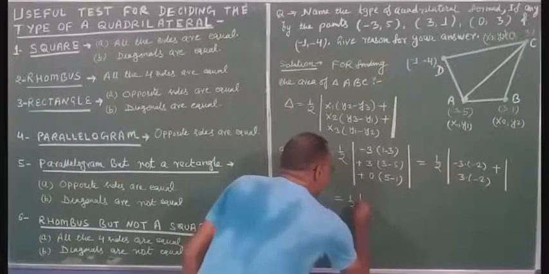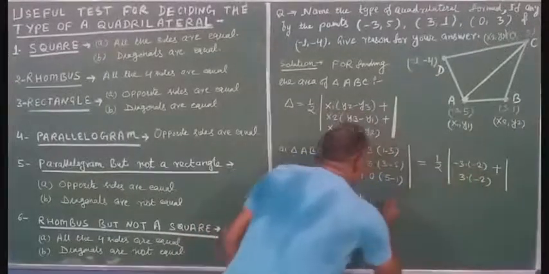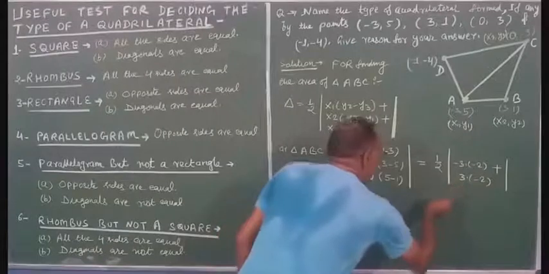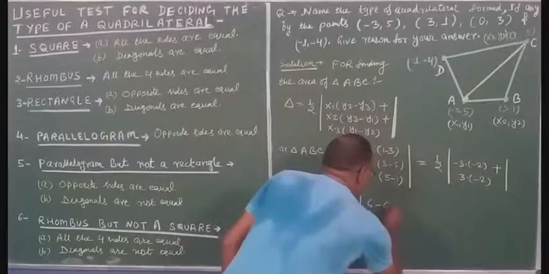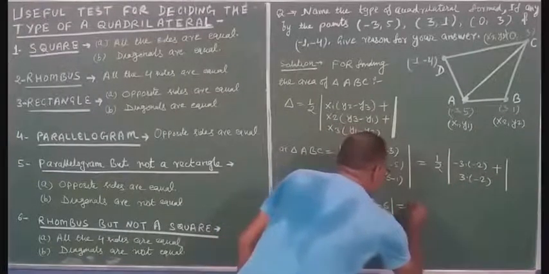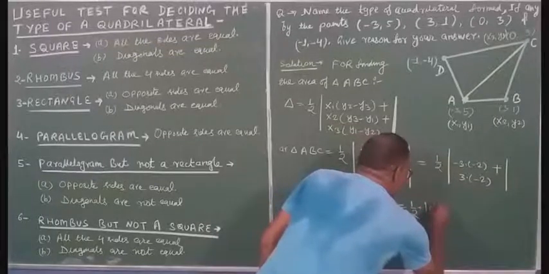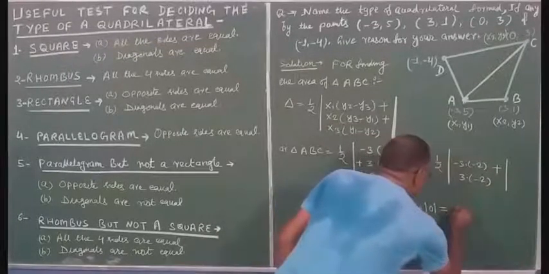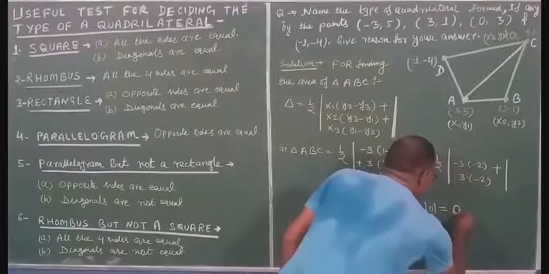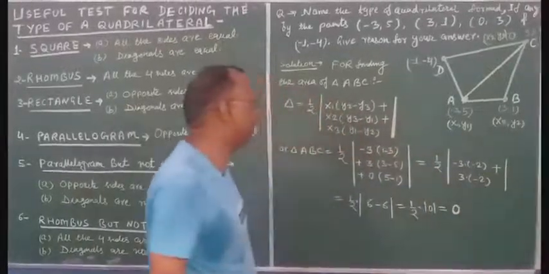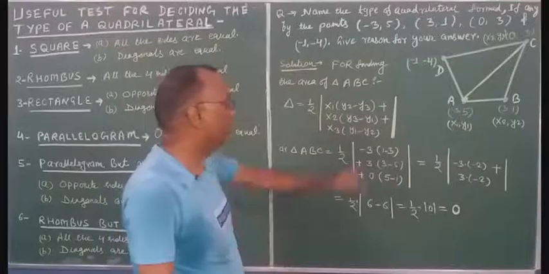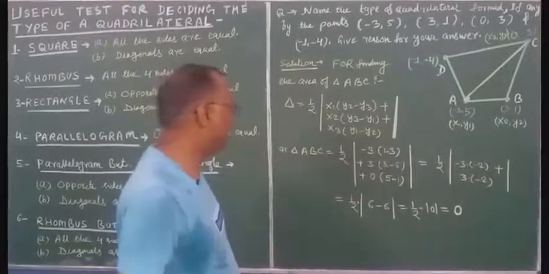Check it out: minus 3 into minus 2 is 6, and 3 into minus 2 is minus 6. So 1 upon 2 into mod of 0, that is 0. That is, the area of triangle ABC is 0.